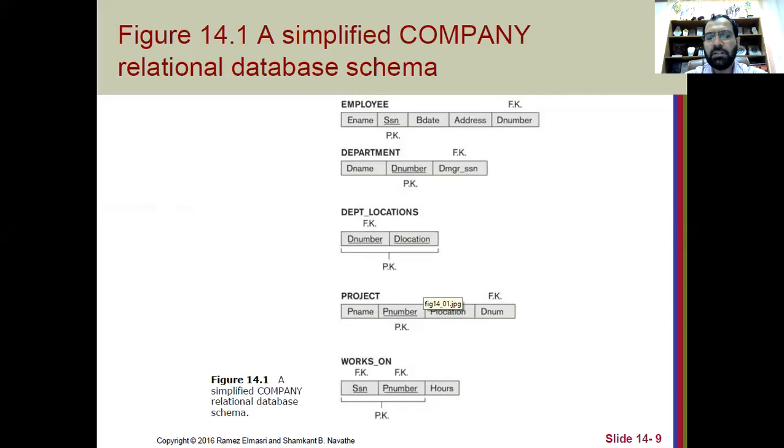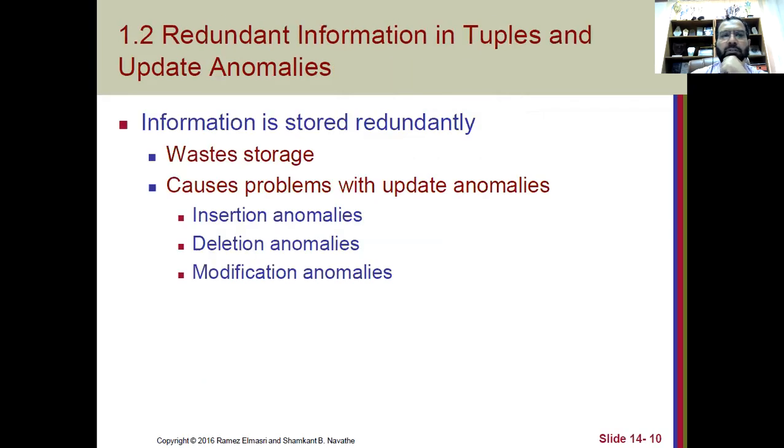And there is a relation which is works on, that is a relationship between project and employee, and there we have a separate relation. You can see yourself that various primary keys and foreign keys are there. That is the definition of the schema of the company database. So keep this example in your mind so that you can understand those concepts. Now we will move forward to see the second guideline.